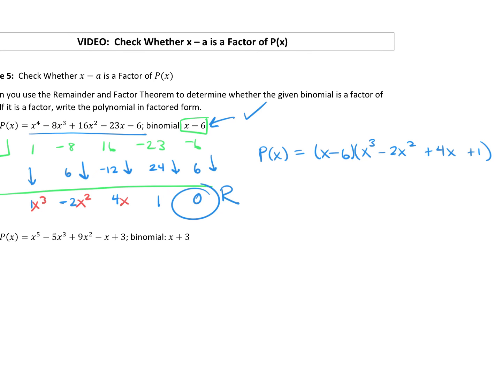So what we just did is we took our original polynomial and we just divided it down by an x minus 6. When we get that 0 remainder, that means that x minus 6 is a factor. So x minus 6 times this answer that we got, we can write in factored form.